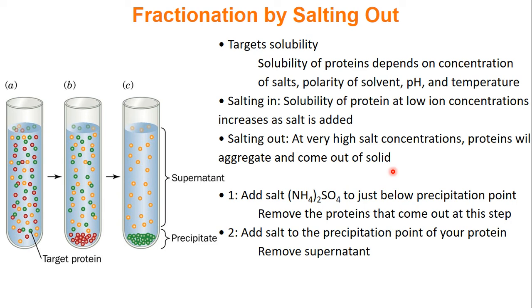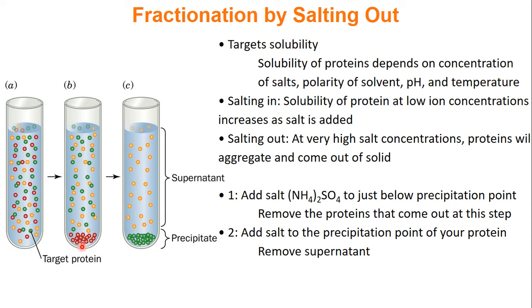We're not going to go into the physical chemistry reasons for this. But what you do in an experimental setup, if, for example, your target protein is green and you're trying to separate it from all the other proteins, you will add a salt, usually NH4SO4, just before your green protein would salt out or precipitate.